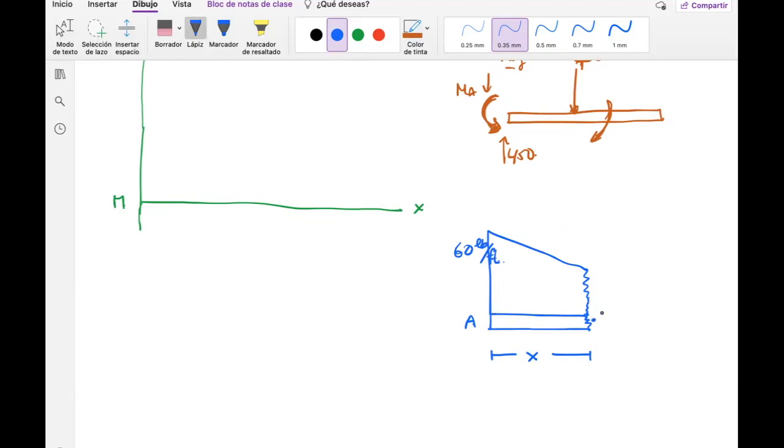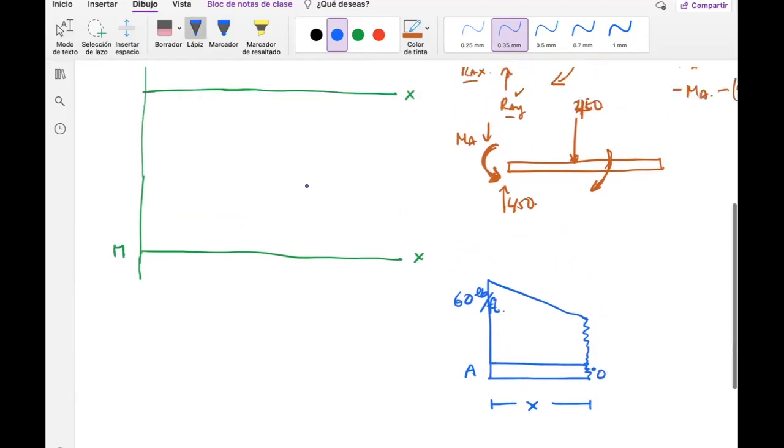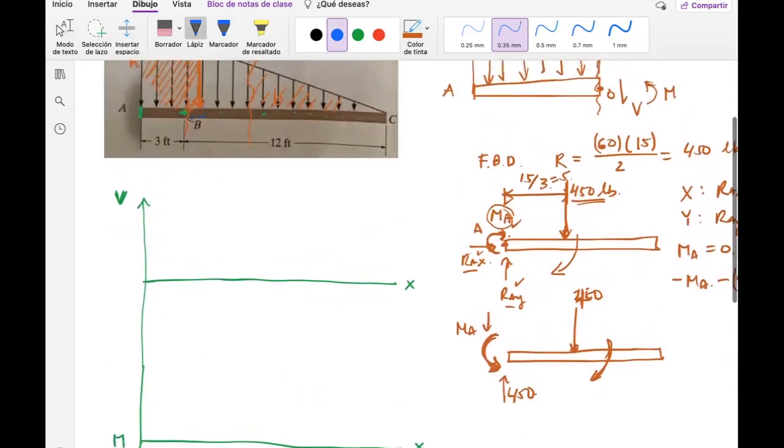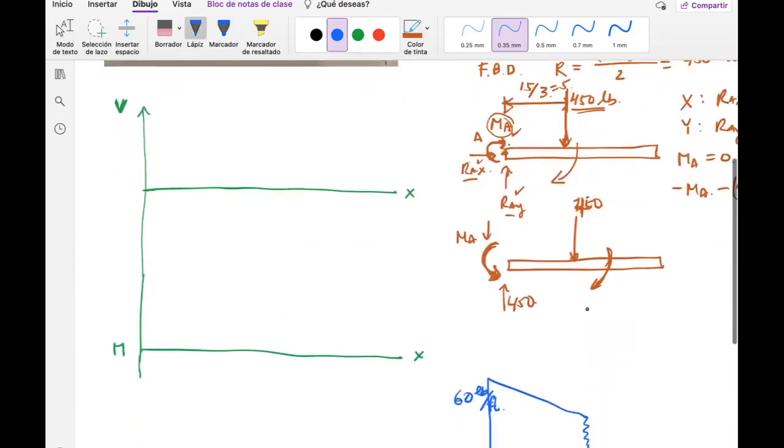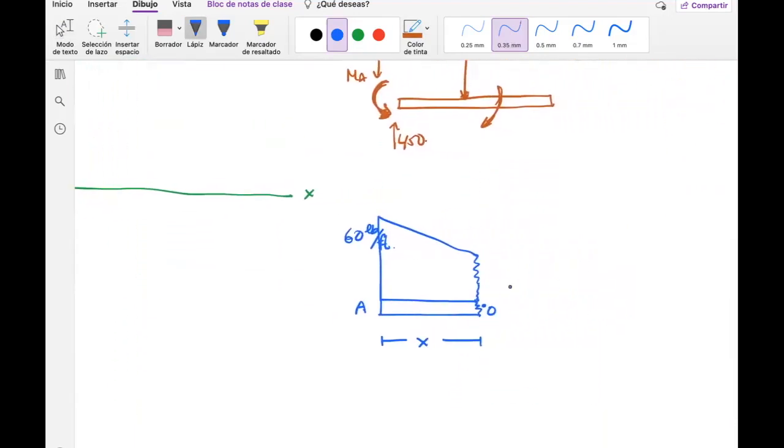This point I'm going to call point O, but in the problem they are asking me to find whatever I need at point B, but I'm just going to put it here. So this is point O, whichever point inside the beam. And this is the shear force, and this is the internal bending moment, which I'm going to call MO.